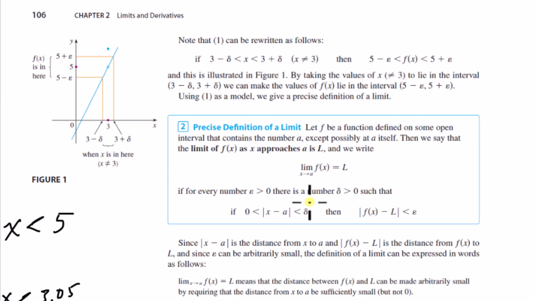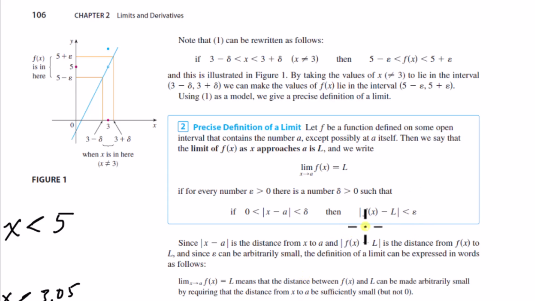And so what this means is that for this limit as x approaches A of f of x to be equal to L, with this restriction on the potential input values given by delta, if you take any of those x values, absolutely any of those x values within this interval that you want, and plug them into f of x here, then in all cases, this inequality will be satisfied for some other single finite value epsilon.